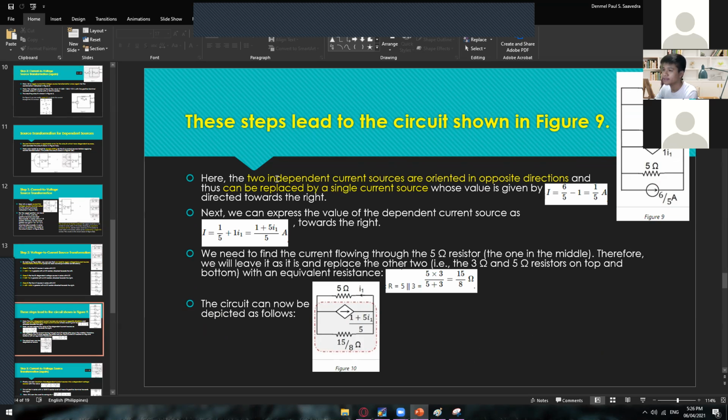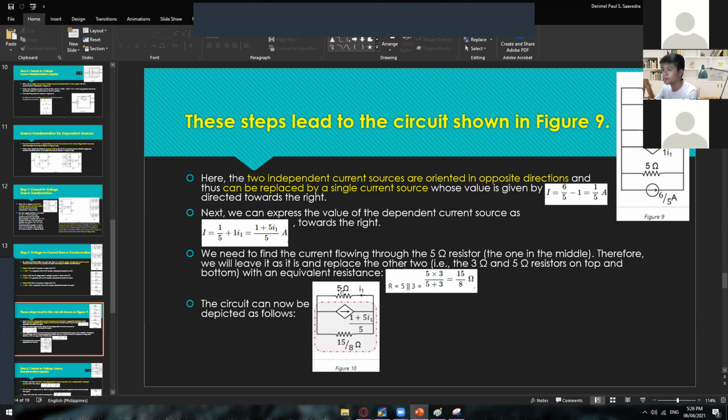So what did we do next? From here we have added the bottom one and then the upper current source. Since they have different flow of current, the other one is going to the right, and the other one is going to the left.